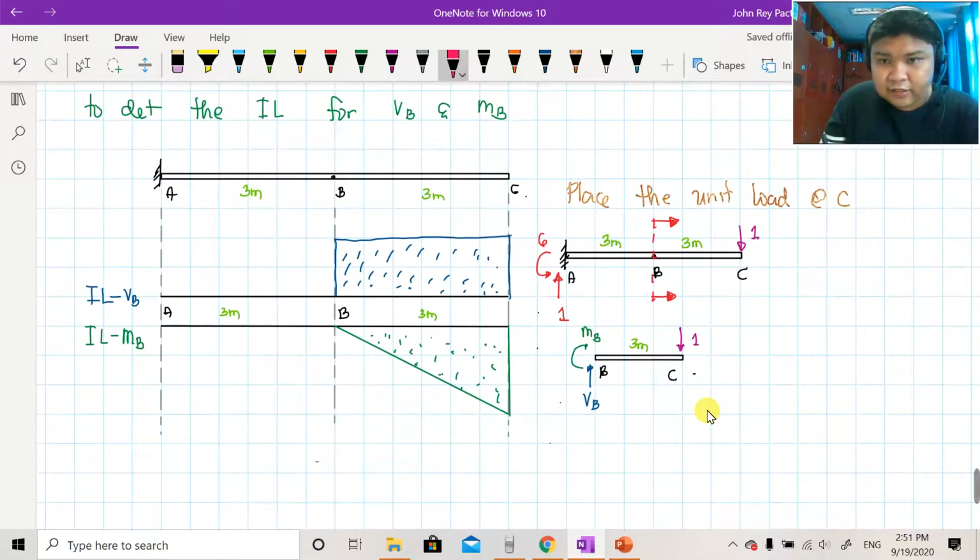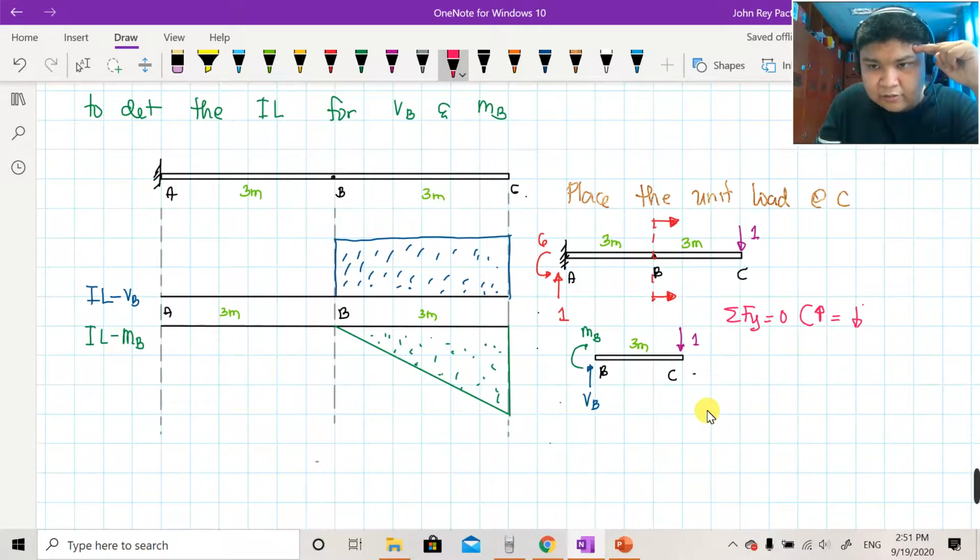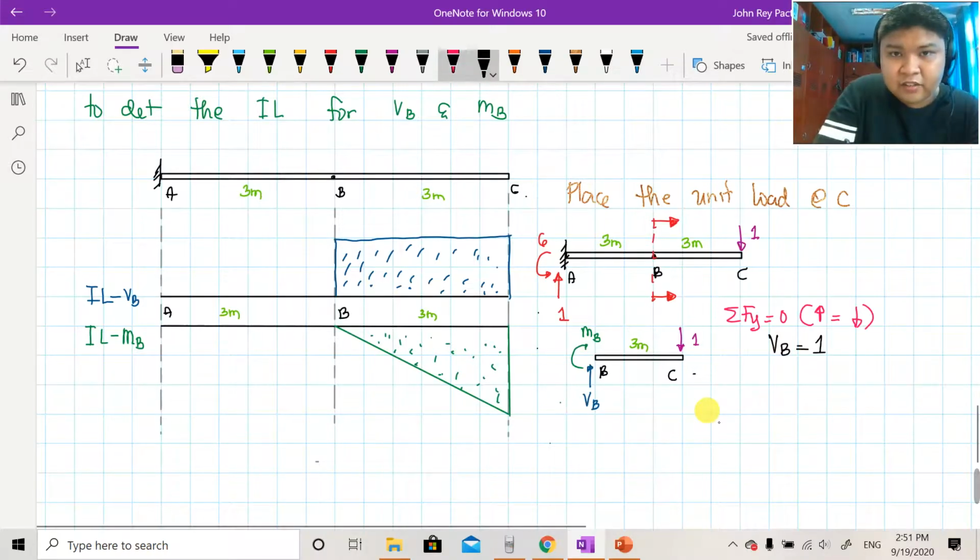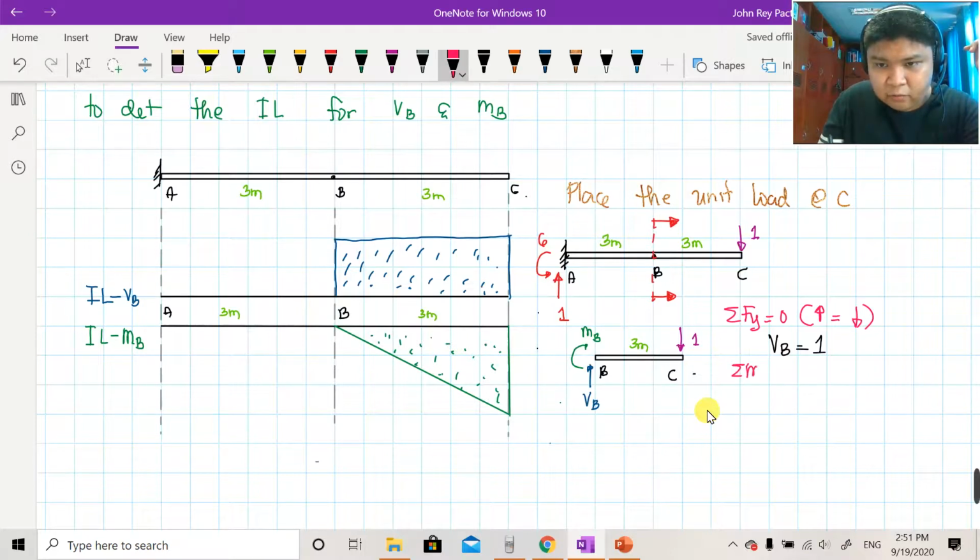So, for instance, summation, forces, vertical tayo, equals 0. So, upward equals downward, which is halata naman, class, ang magiging ending, the shear at B is equal to 1. On the other hand, summation, moment at B equals 0, so which is clockwise equals counterclockwise.